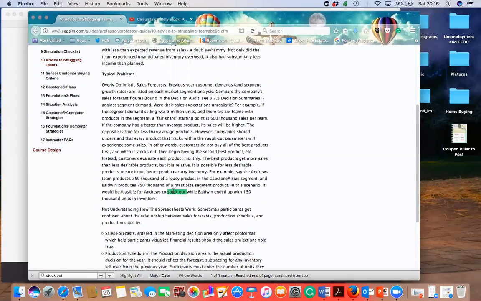We're not producing enough. Because this says that, for example, say Andrew's team produces 250,000 of a lousy product in the Capstone, whatever. Baldwin produces 750,000 of a great size segment product. In this scenario, it would be feasible for Andrews to stock out while Baldwin ends up with 150,000 units in inventory.